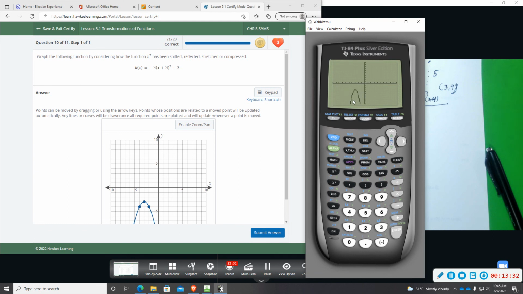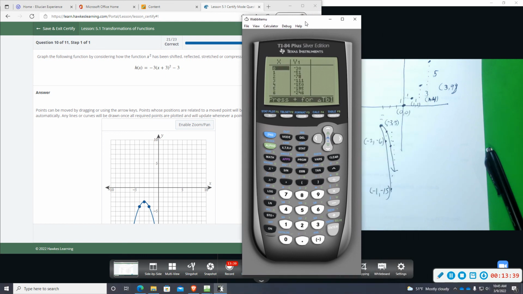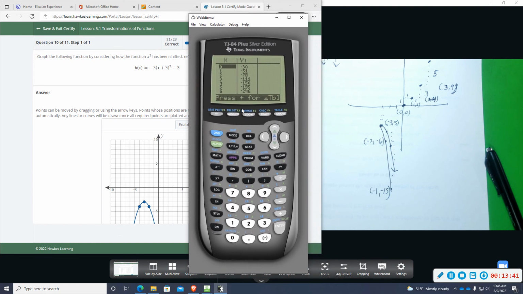That's our function there. We're going to go second graph to see the table, just to see a few ordered pairs. And then I'm going to start with -3. So I'm going to scroll up for the -3, -3. And then the next point we got is -2, -6. So you see how that y value is still following the same pattern.